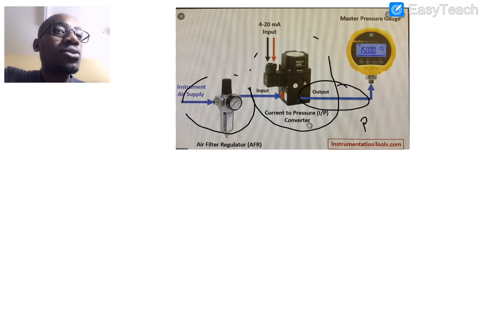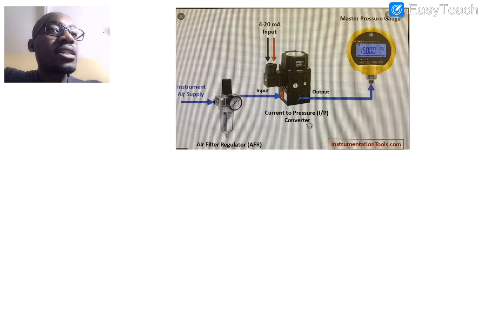So from your control side, you receive the input as current, and the pressure that you need to get on the output needs to be supplied from somewhere. You supply it through the regulator, but it basically comes from the compressor.